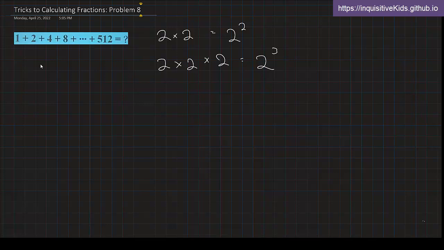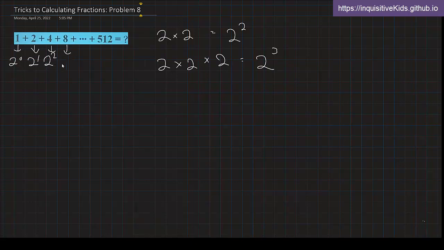Anyway, the numbers we just encountered, 2, 4, 8, are the numbers being added in this equation. 1 is 2 to the 0th power. 2 is 2 to the first power. 4 is 2 to the second power.